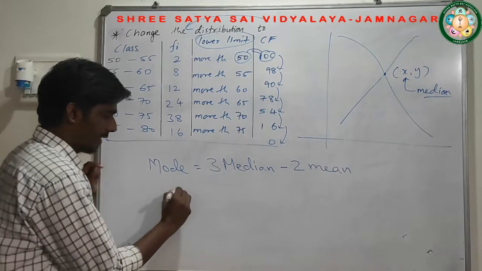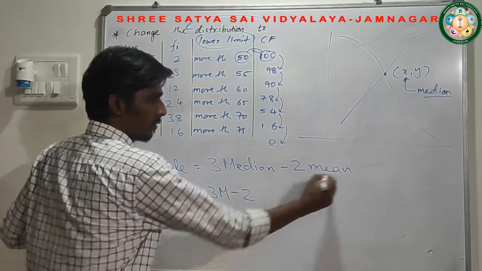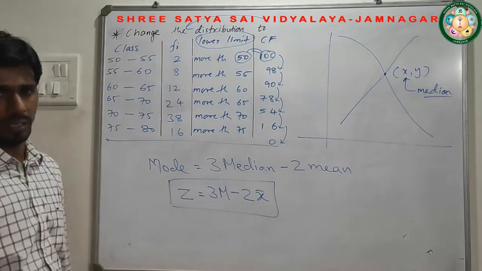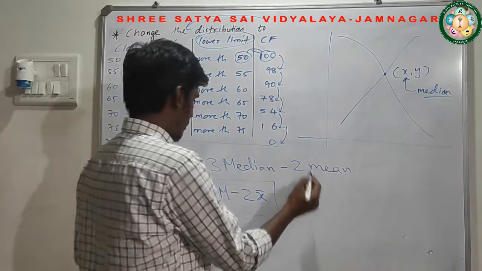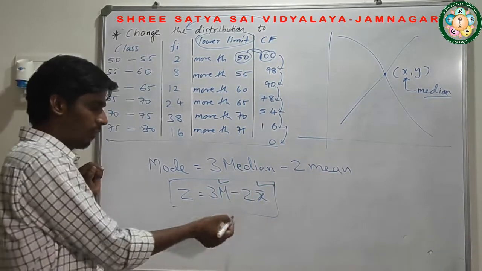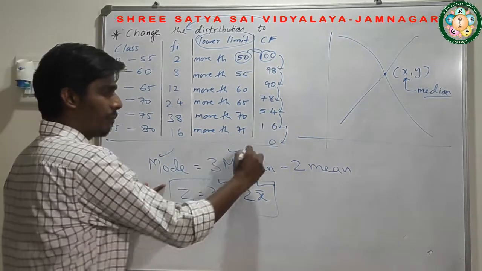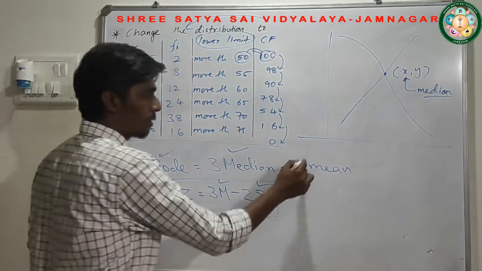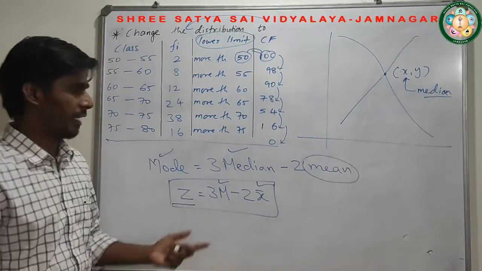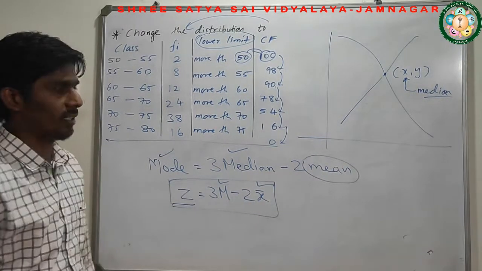Let mode be Z, median be M, and mean be X bar. By using this formula, many objectives are possible. If you know the median and mean, it is possible to find the mode without using the formula. In the same way, if you know the mode and median, it is possible to find the mean, and vice versa. So out of these three variables, if any two values are known, it is possible to find the third one by using this formula.